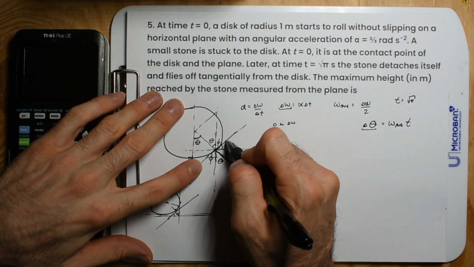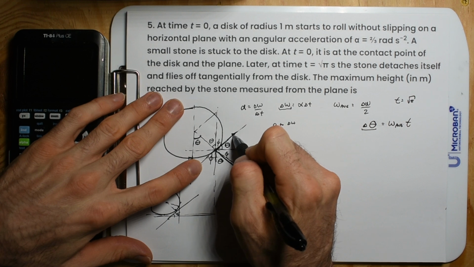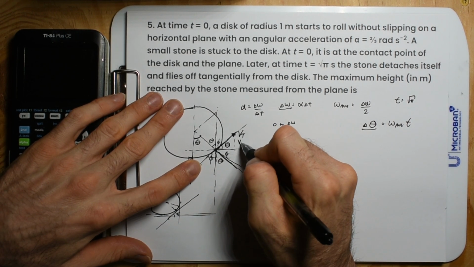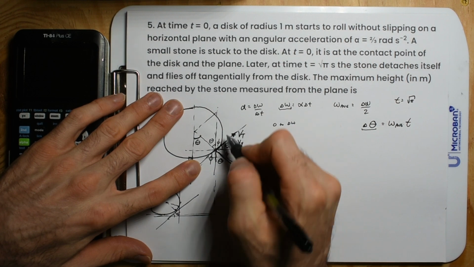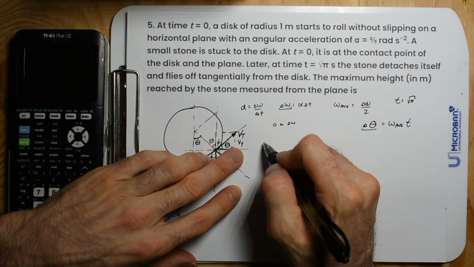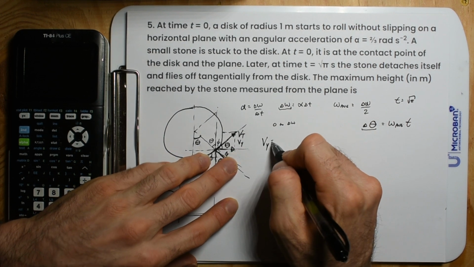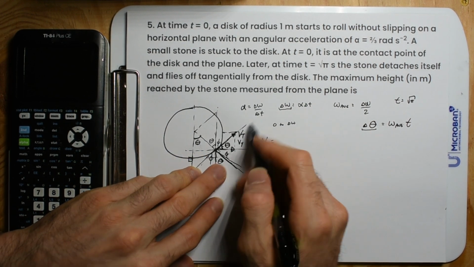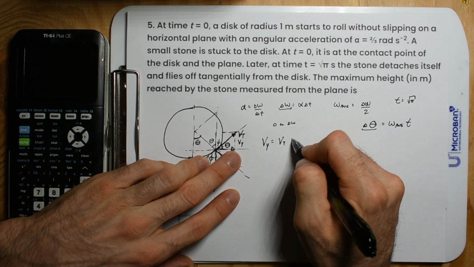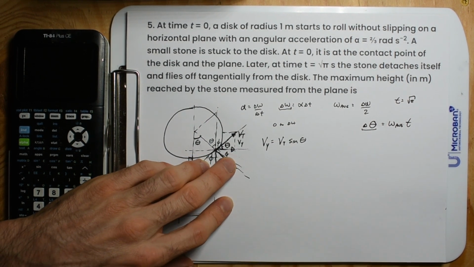And then from that angle, we're going to have a tangential velocity that will have a vertical component and also a horizontal component. And we want to know the vertical component. So Vy, if this is my angle, it's going to be sine: the tangential velocity times sine of theta.